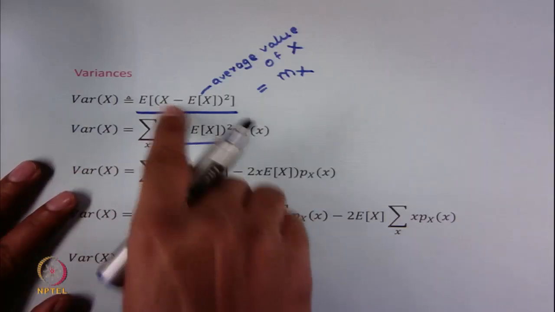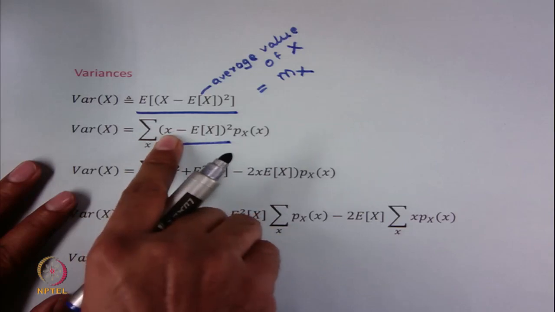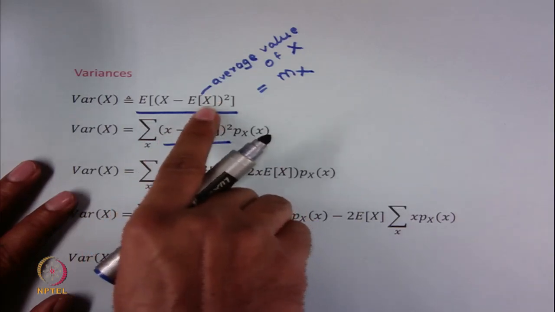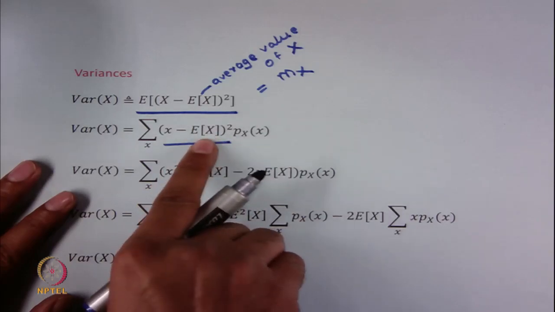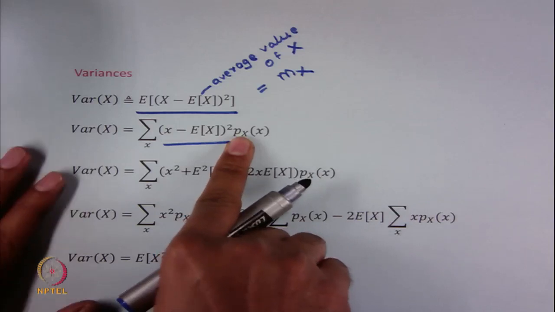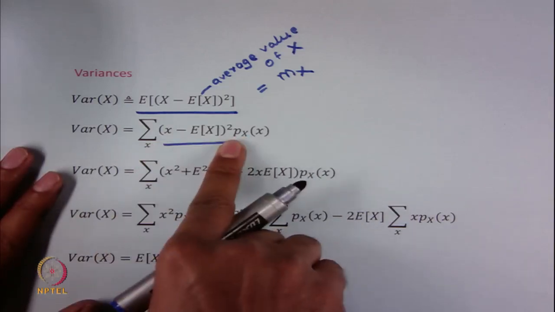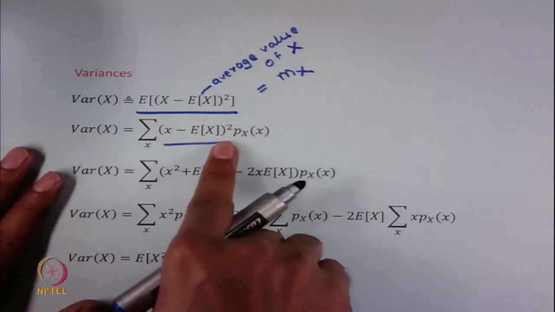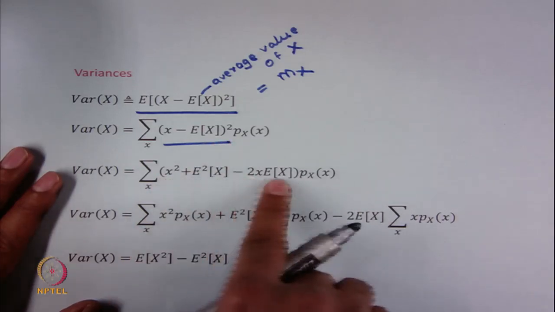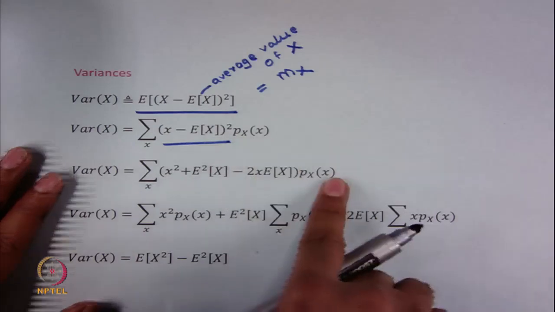I replace x with the value of that random variable, E x is a constant, so it is not a random variable anymore. So, this comes out like this, squared, times the probability mass function of x. Then I expand this. This is in the form a minus b whole square. I can expand this as a square plus b square minus 2 a b times this quantity.